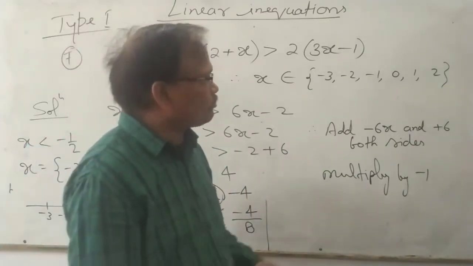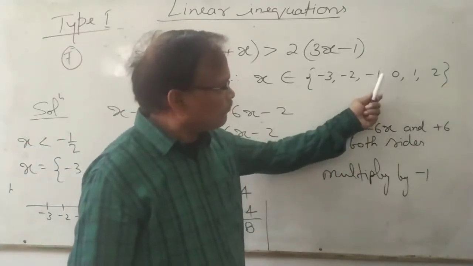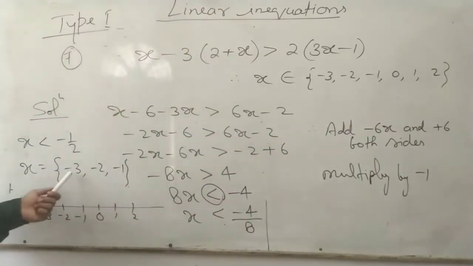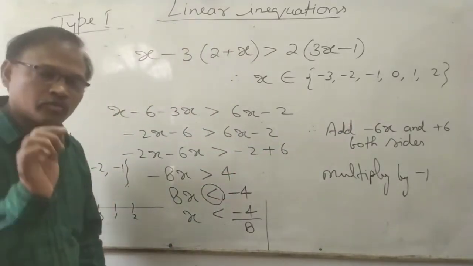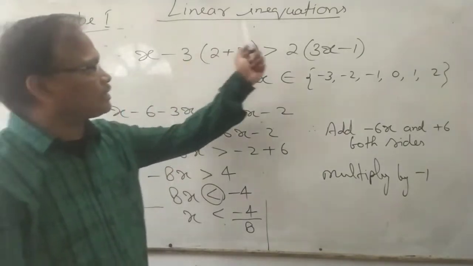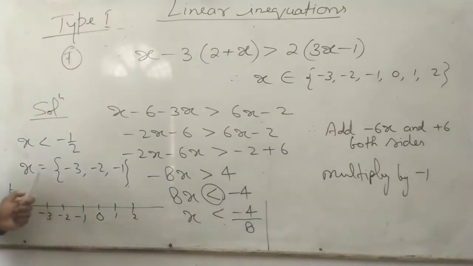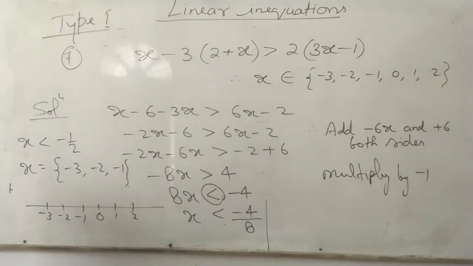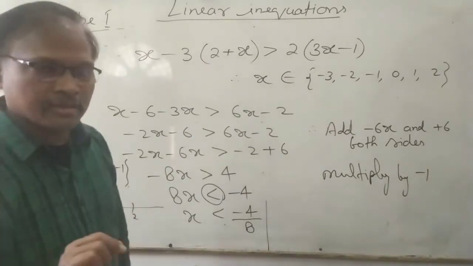Less than -1 by 2 means -1, -2, -3, and so on are the numbers you can take as the solution set. So the solution of this inequation is x equals -1, -2, -3, and so on. Clear? This is the answer.